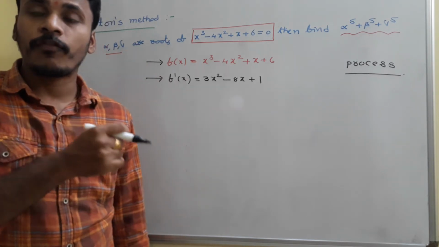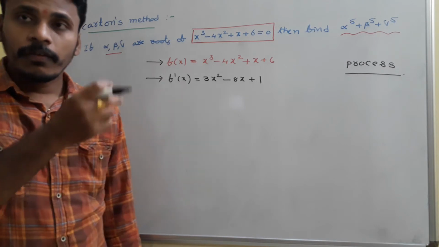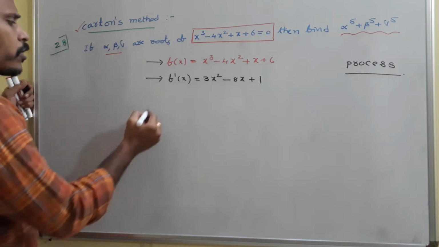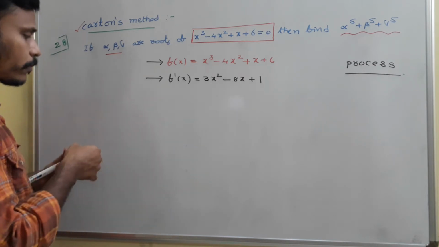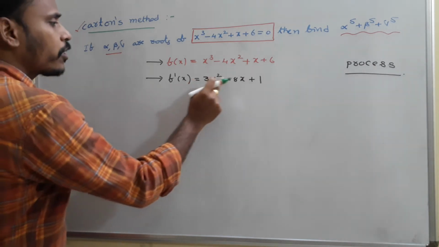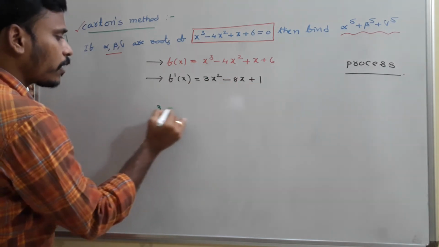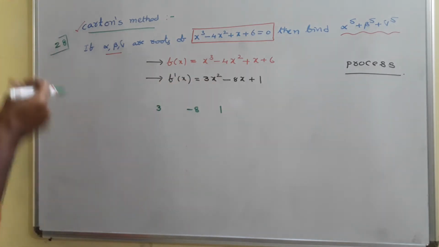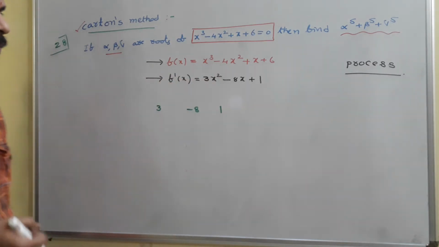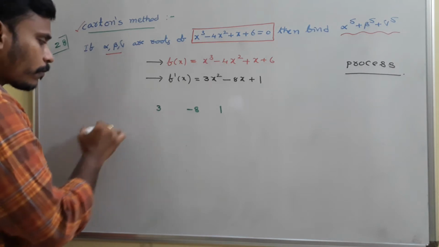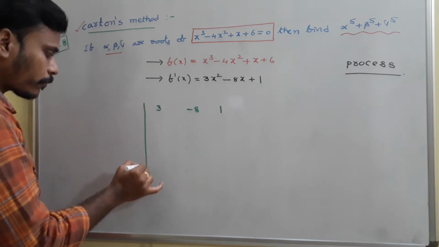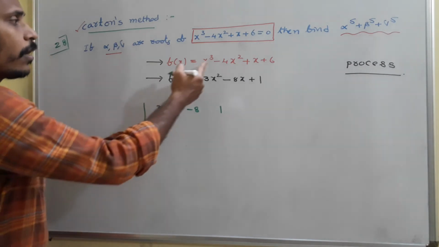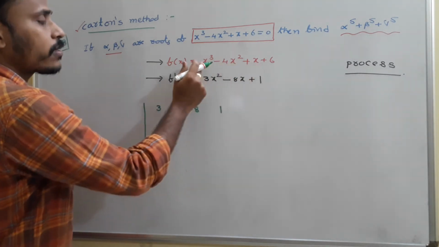After identifying f of x and f dash of x, we need to follow a simple procedure. First of all, take the coefficients of f dash of x: 3, minus 8 and 1. Then consider the coefficients of f of x except the x cube.